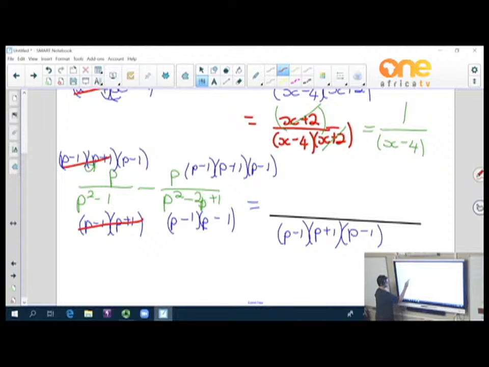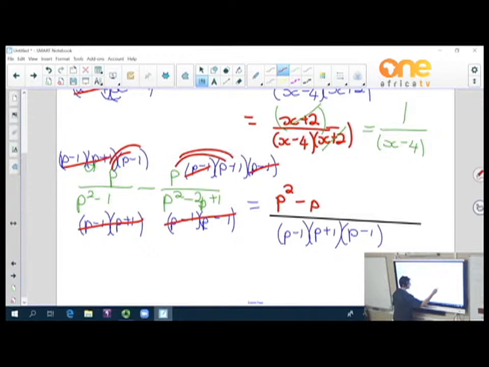Here's a p, which must be multiplied there, and that makes it p squared minus p, multiplied in the brackets. Here, the p minus 1 and the p minus 1 will cancel out. Look, here's a negative p, which must be multiplied here. That makes it negative p squared plus p.